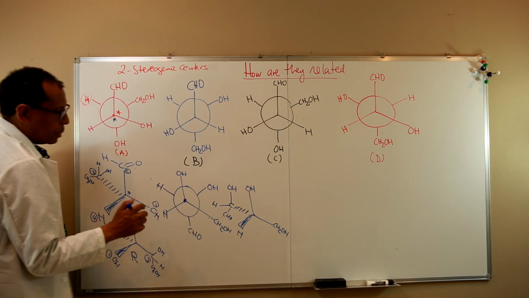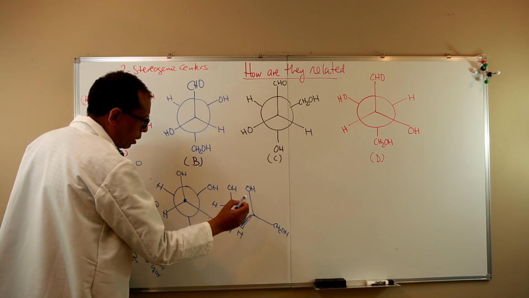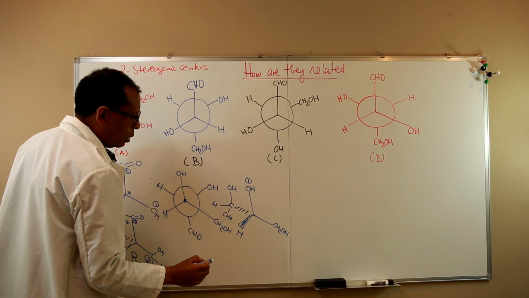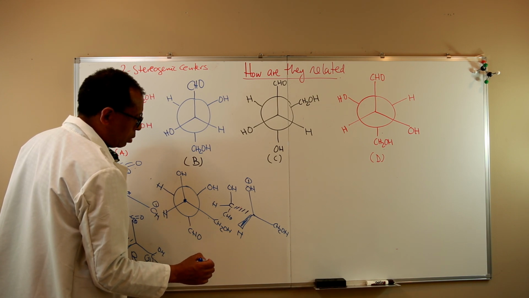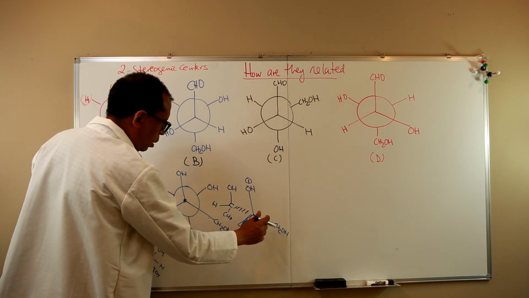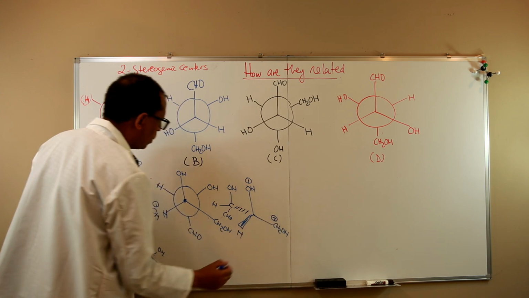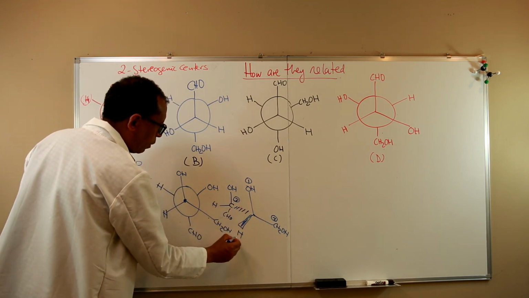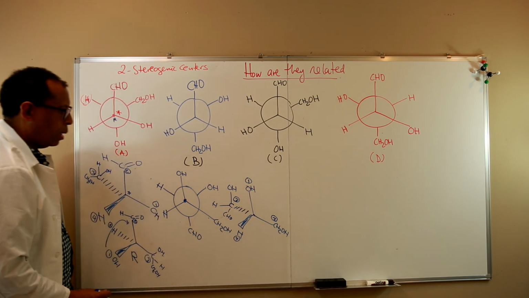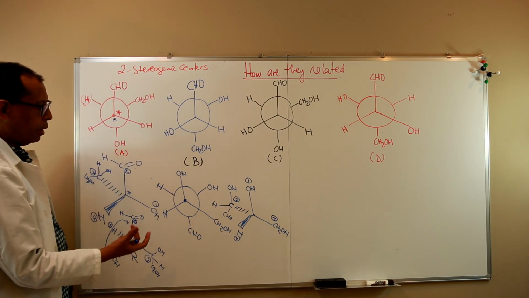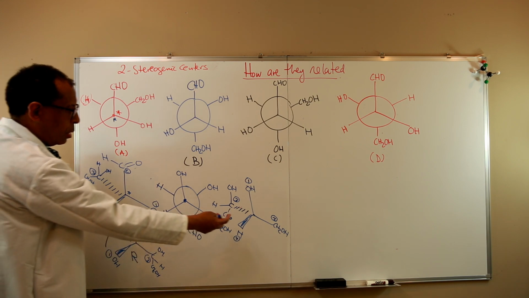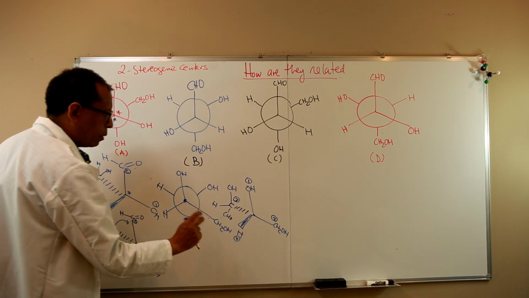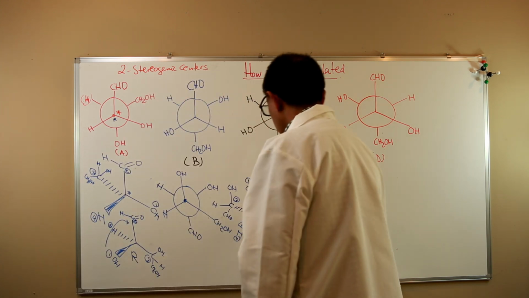So now, going to priority assignment, one is this one, and two would be this, and three is this, four is this. Now the same thing I did, I have to push the fourth to the back of the board by just rotating this.